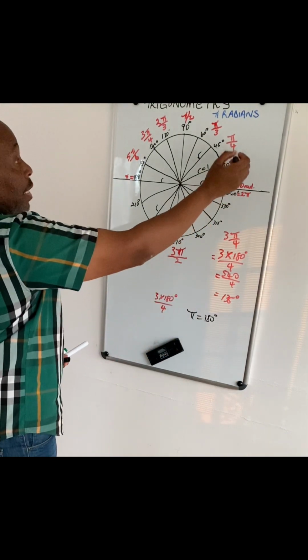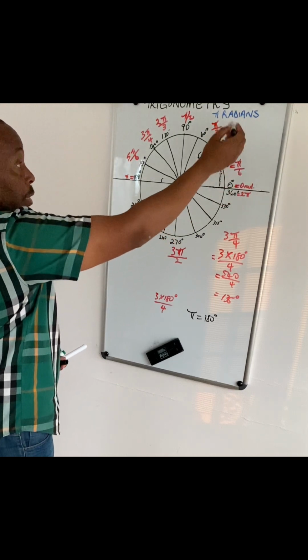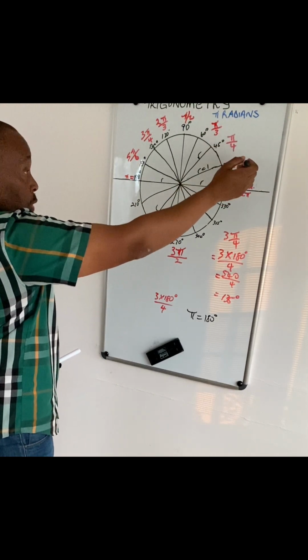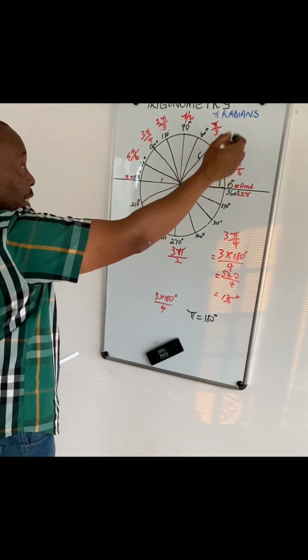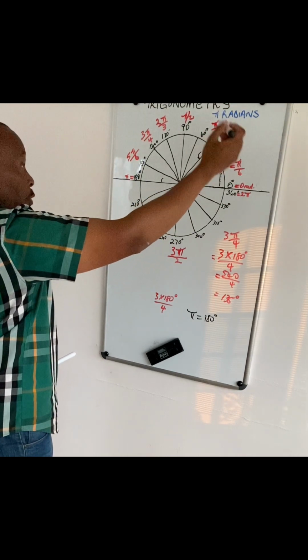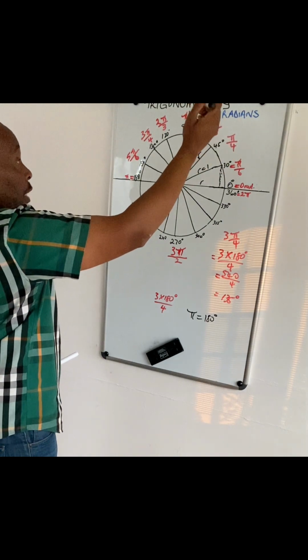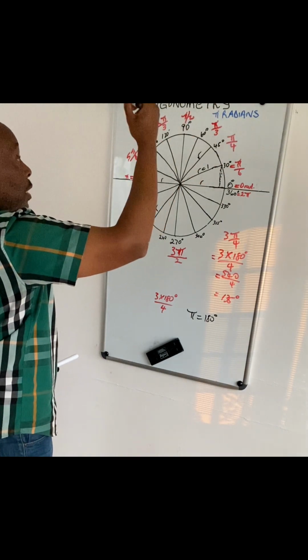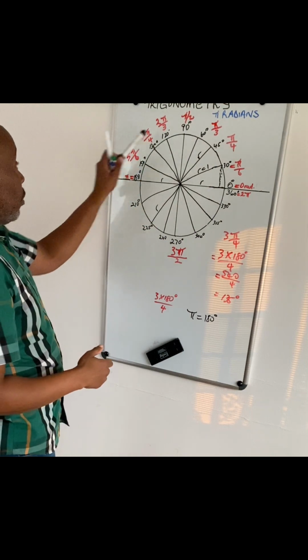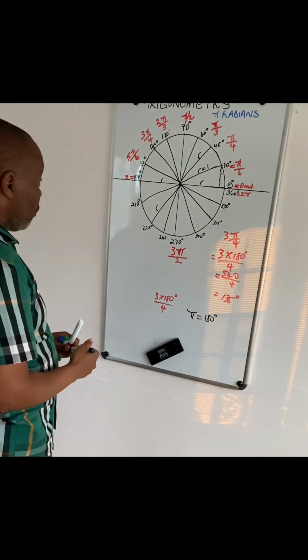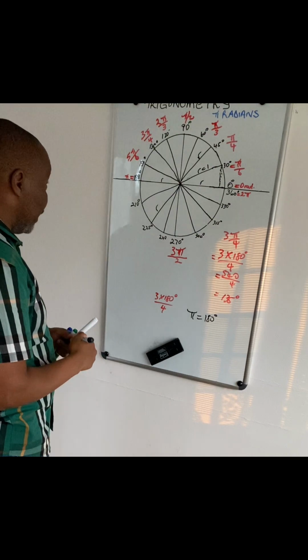We're basically saying 180 degrees divided by 6, 180 divided by 4, but we're using radians, we're no longer using degrees. So pi over 6 is 30 degrees, pi over 4 radians is equivalent to 45 degrees, pi over 3 is equivalent to 60 degrees, pi over 2 is equivalent to 90 degrees, right round until we get to 180 degrees.